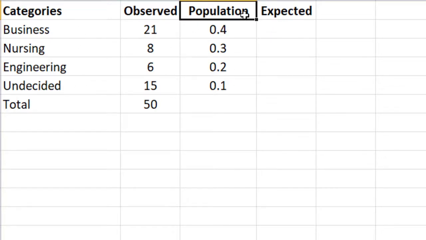And as I said earlier, the population is split into these categories of concern. And so if this sample shows strong evidence that we can reject the claim, then that means the population is not well fitted with these claimed population proportion values.